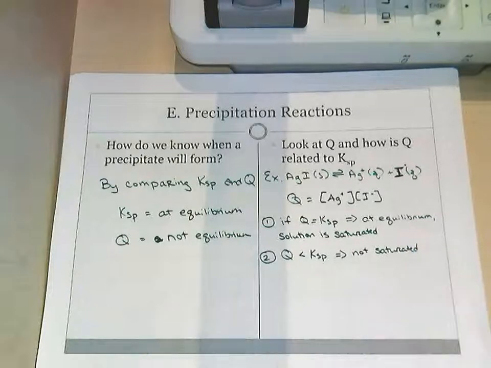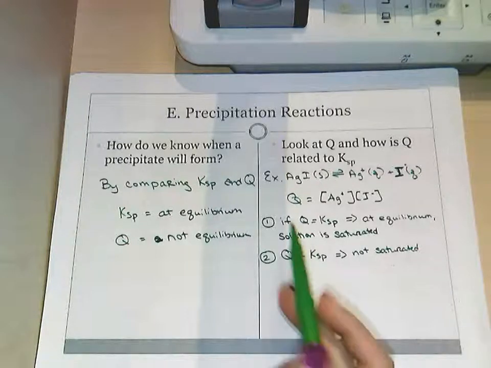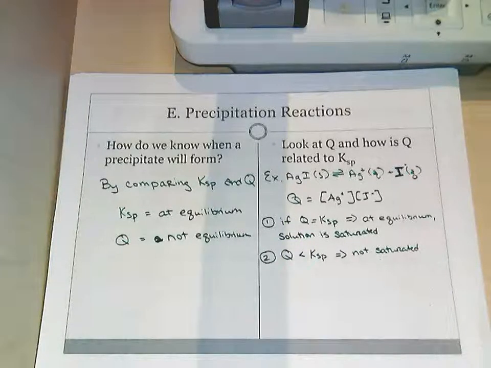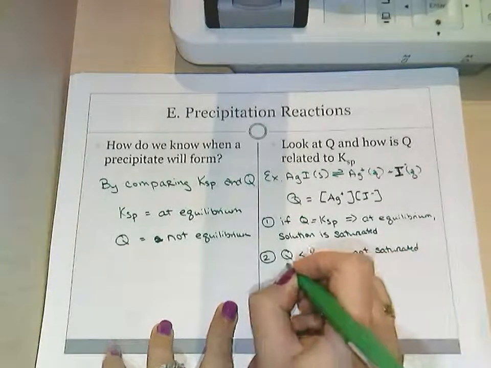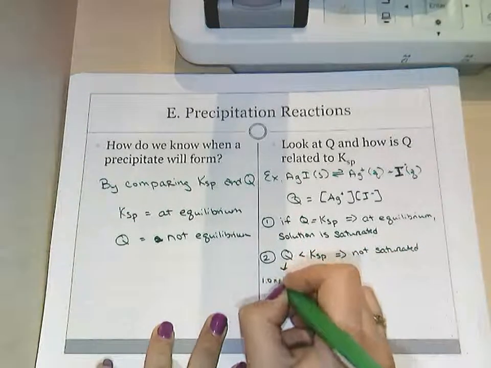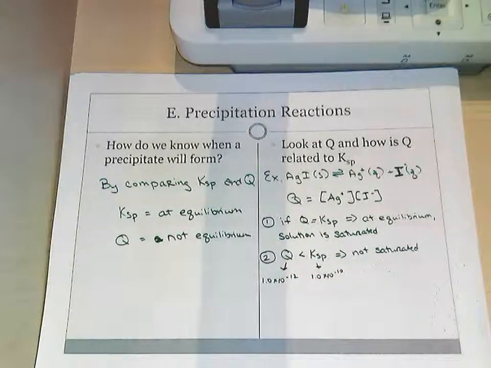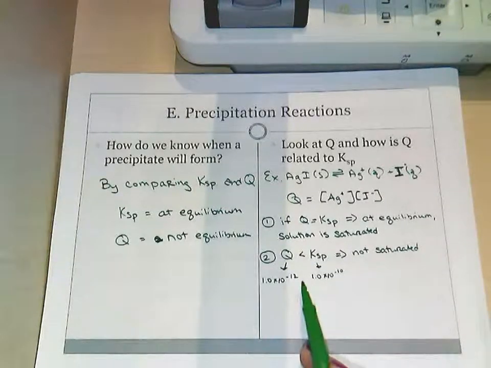If we find that KSP is 1 times 10 to the negative 10th, and our value of Q is 1 times 10 to the negative 12th, we're on the negative side, so we have to have a number smaller. I could add more ions to get to KSP, right? You could, so we're not saturated.